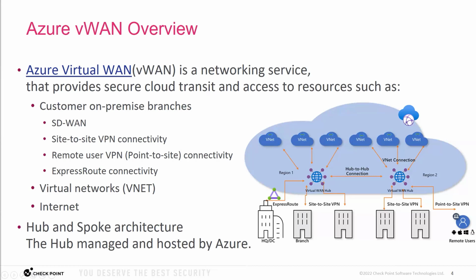And now we have the option also. Azure V1 is not something new, but the integration with third-party appliances, not just with Checkpoint, as a managed service inside the virtual hub, is something new that was published just a week ago.